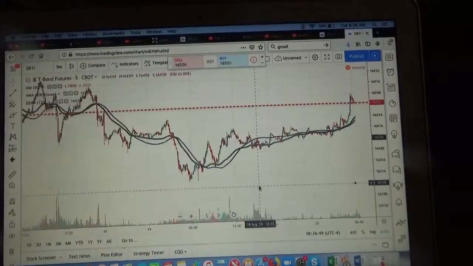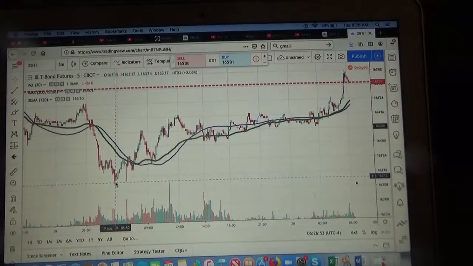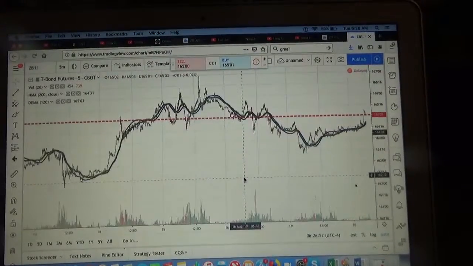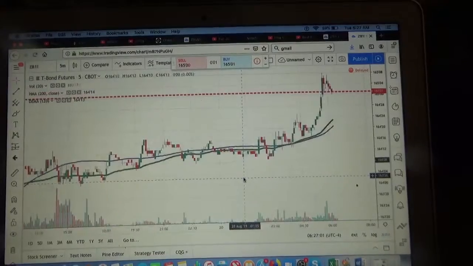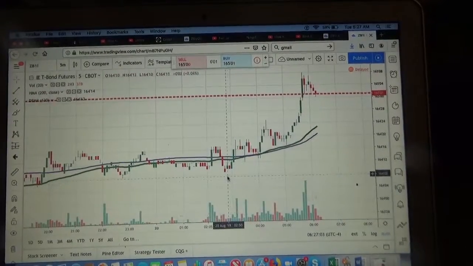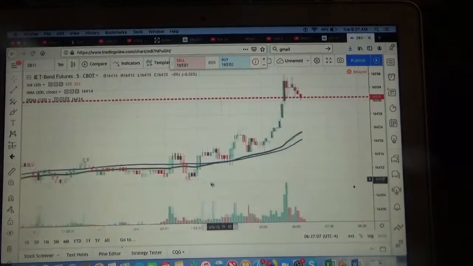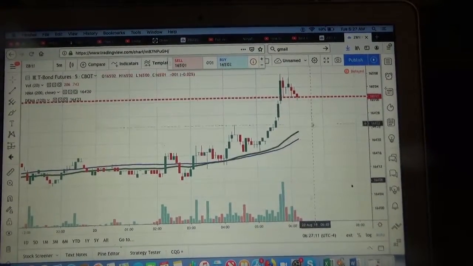So this has been trending since back here. So it has an uptrend here from here to here.